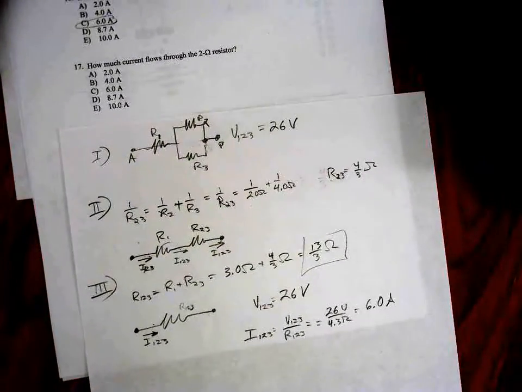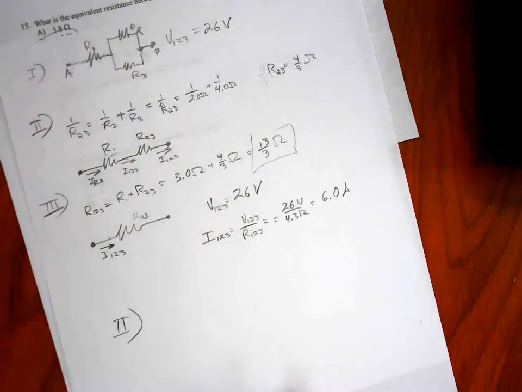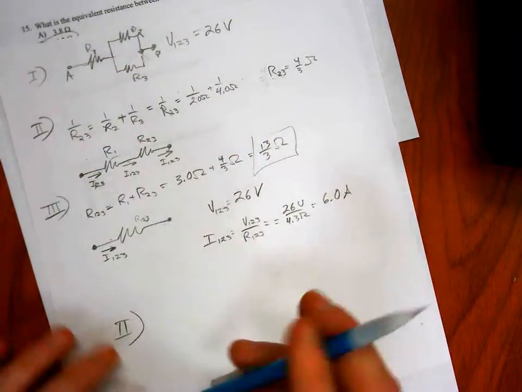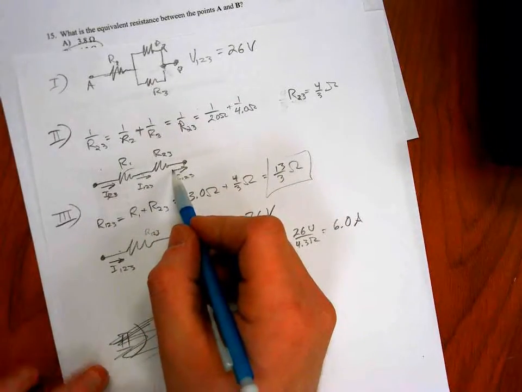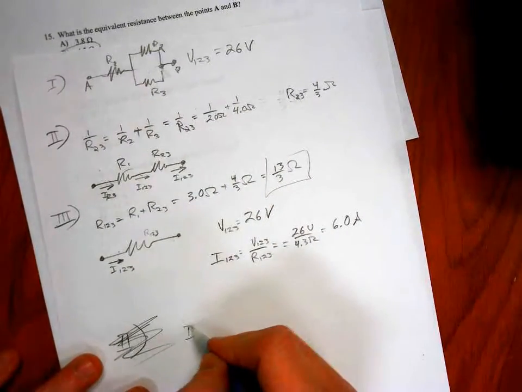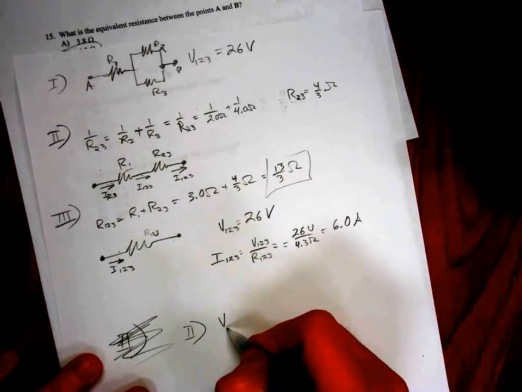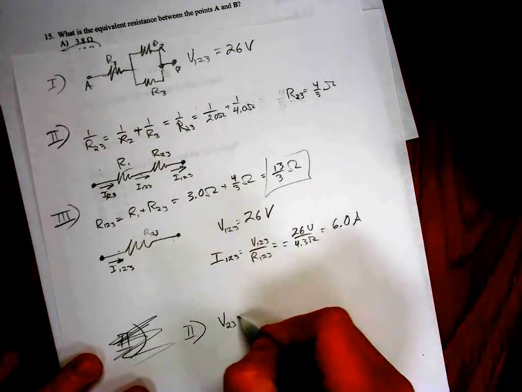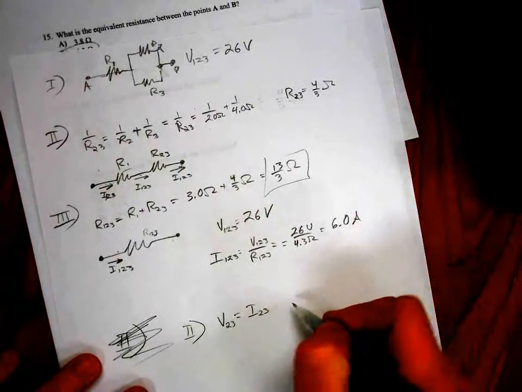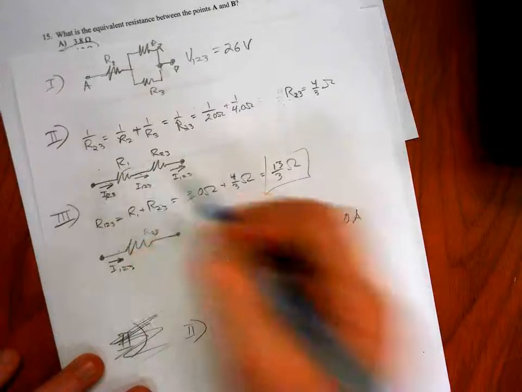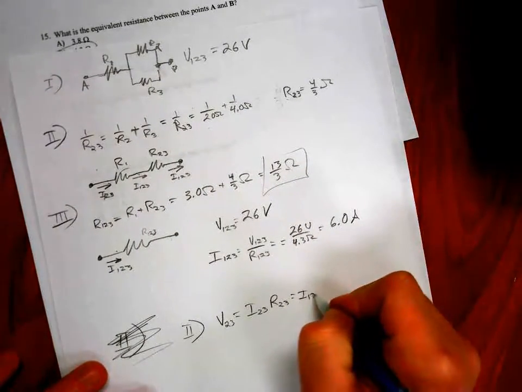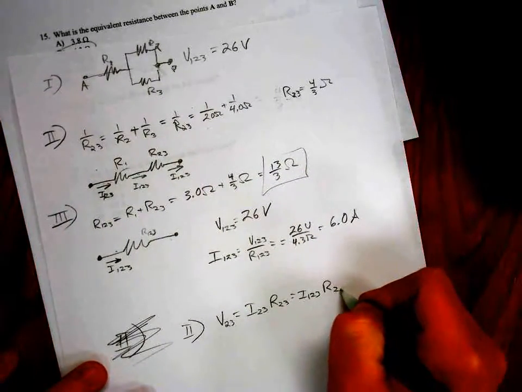How much current flows through the 2 ohm resistor? That is R2. Okay, well, let's go back and find the voltage drop across this. So I'll go back to 2 and find the voltage drop across 2,3 equals I23 times R23. Well, we know what I23 is because it's equal to I123, the current through the whole thing.